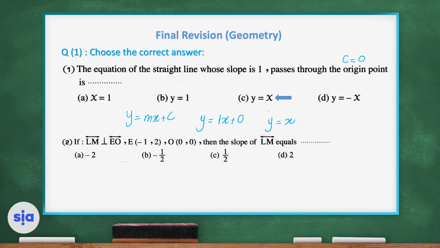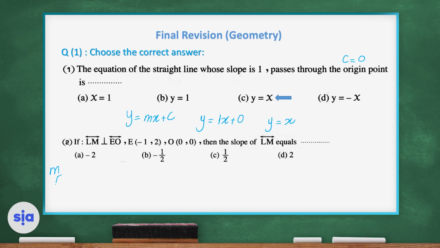Question 2. If LM is perpendicular to EO, where the coordinates of E are -1 and 2, and O has coordinates 0, 0, what is the slope of LM? First of all, let's find the slope of EO.